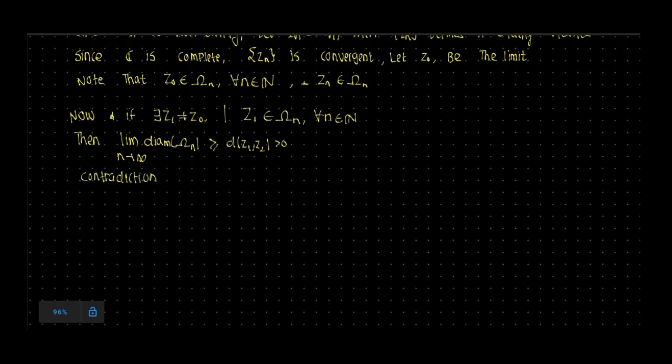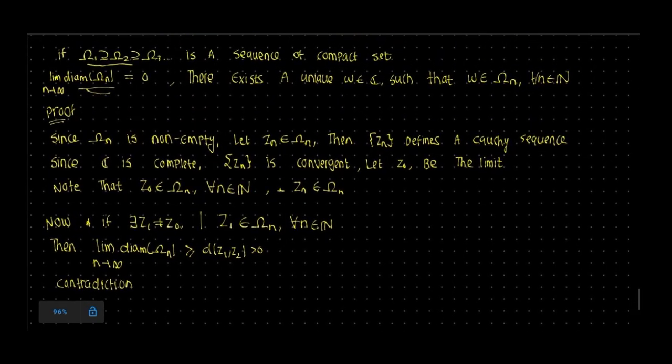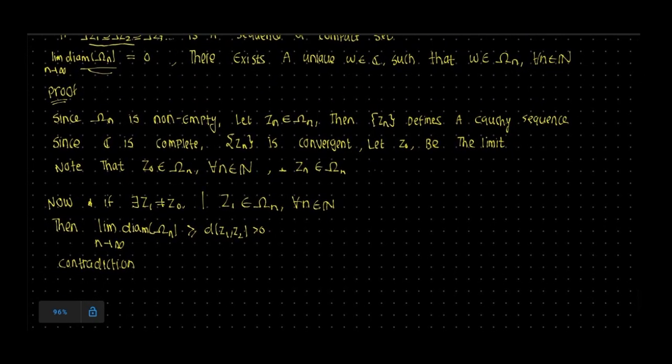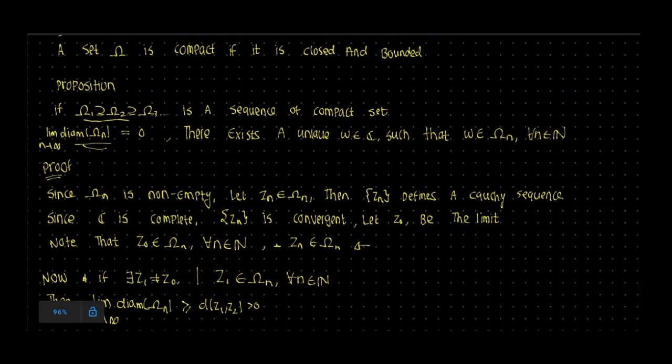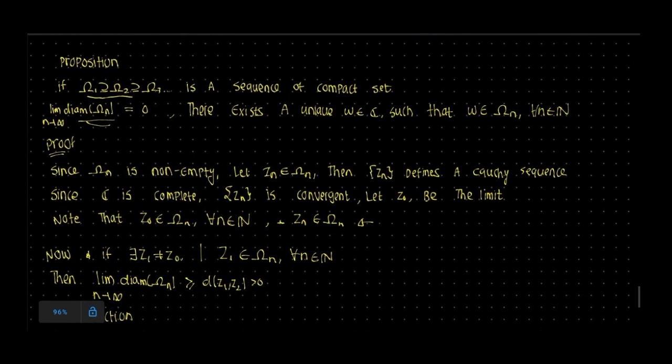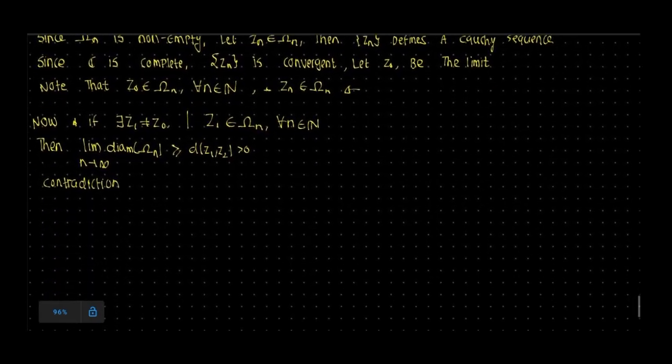Hence we have proved the existence and the uniqueness of the following point. The only thing that is left is why z naught belongs to omega n for all n. I think you can argue this by yourself, and you can just do some first order logic and get your answer.